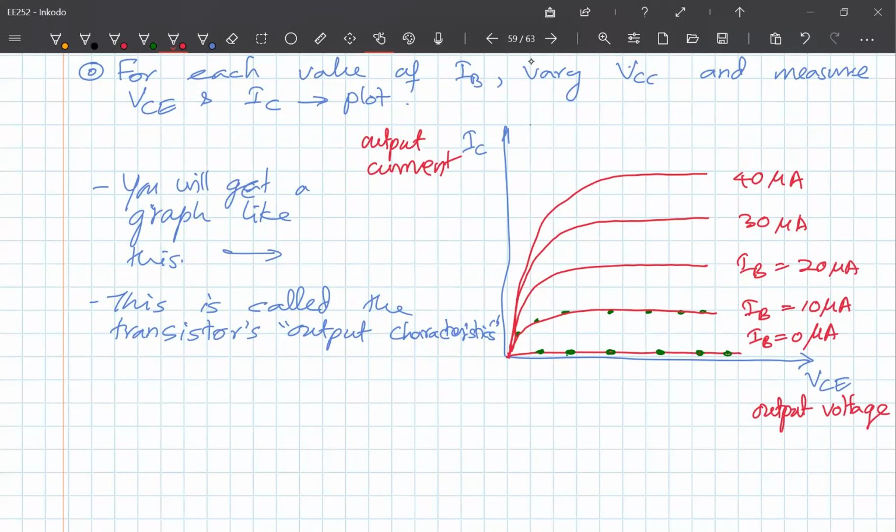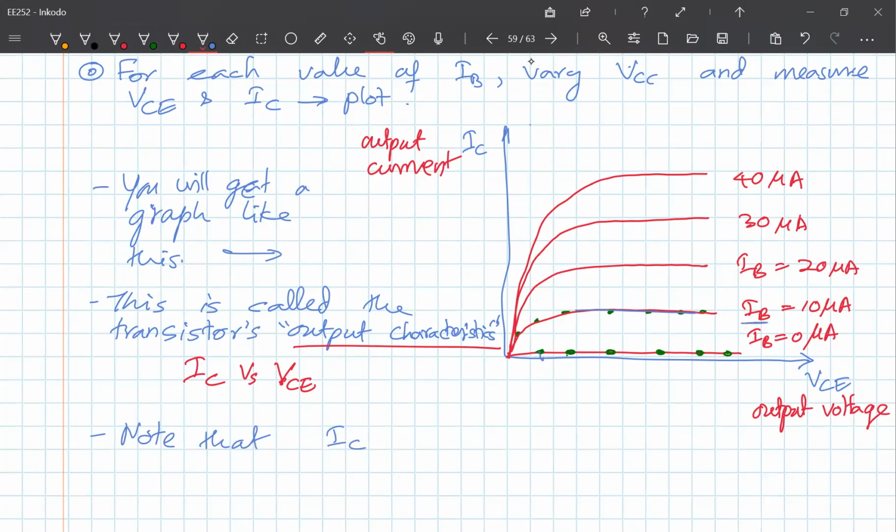So this is basically IC versus VCE. IC versus VCE is called the output characteristic. Now note that these areas where you have flat area, IC is constant when IB is constant for some value.